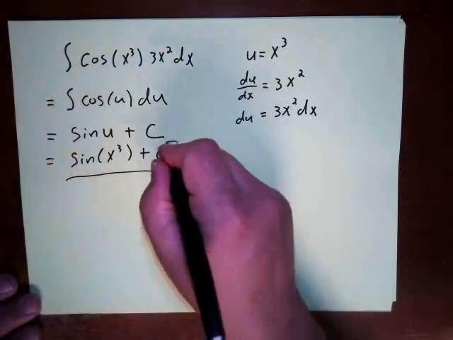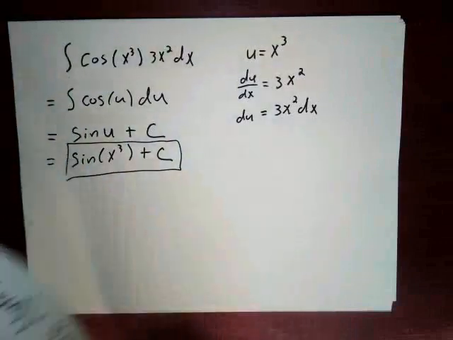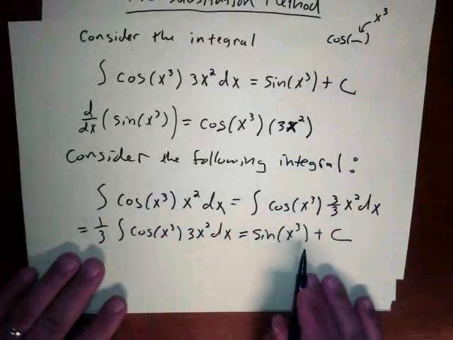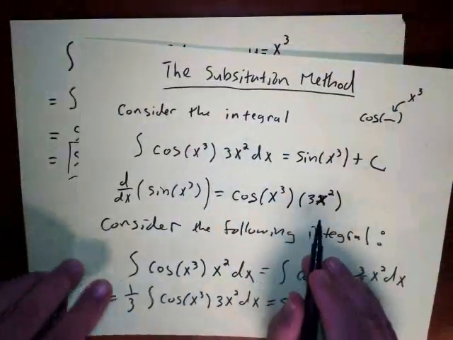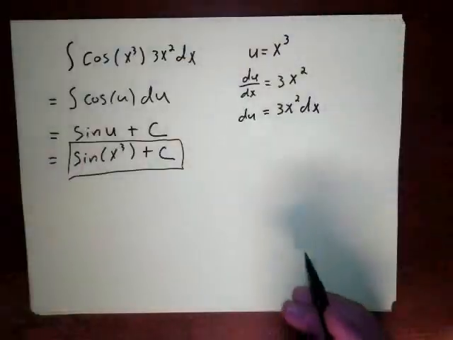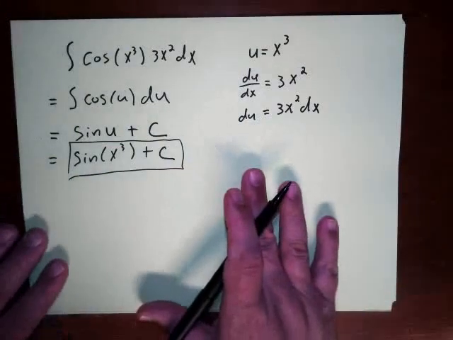And I get my final antiderivative, and you can see that that's what we got here, right, when we did this. Okay, so this is a real nice method of doing this.